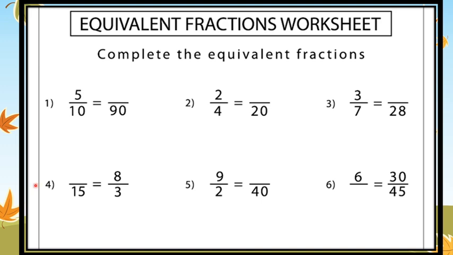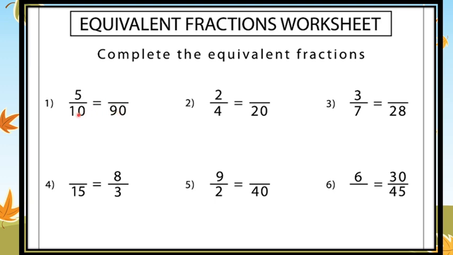How will we complete it? On one side the numerator and denominator are given, but on the other side the numerator is missing. You have to find this numerator, and to find it you have to observe the question, understand it well, and then decide whether you are multiplying or dividing to find the next denominator.